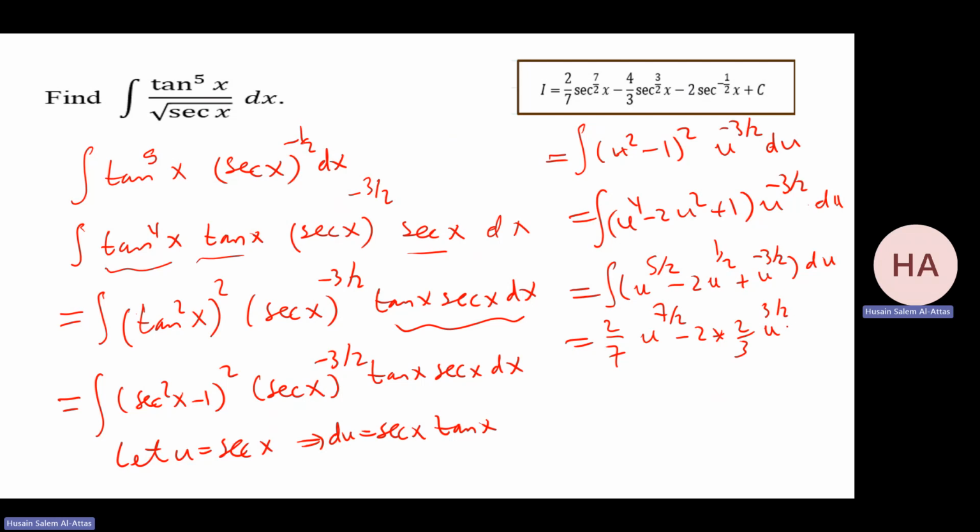I add 1, that will be minus half, so it will be minus 2 u^(−1/2), plus c. So I change u now to secant: 2/7 secant^(7/2) x, minus 4/3 secant^(3/2) x, minus 2 secant^(−1/2) x. Don't forget plus c.